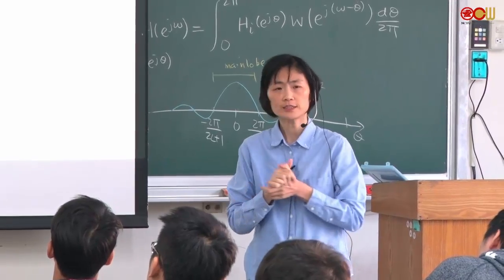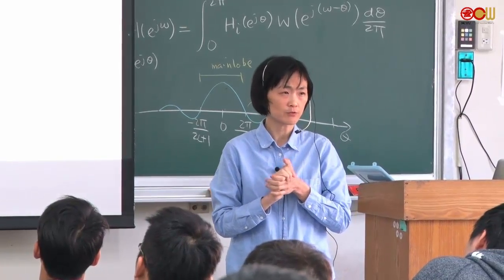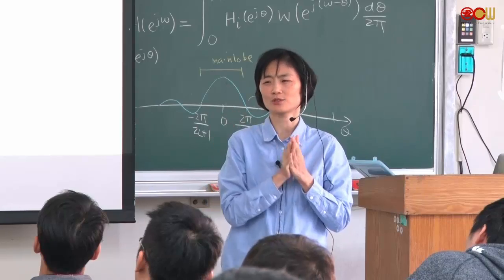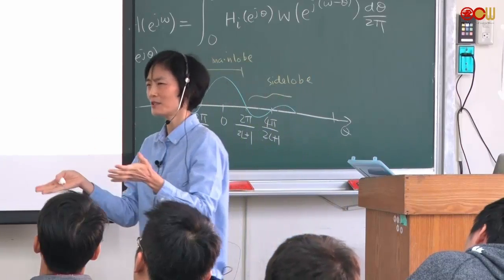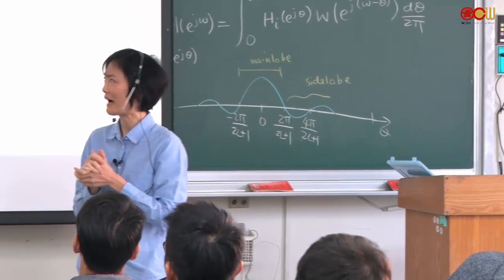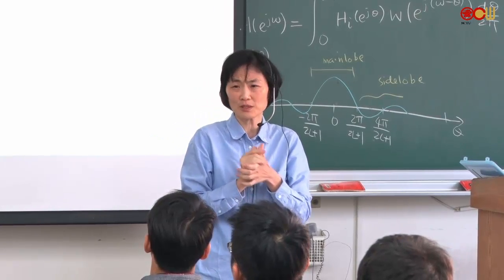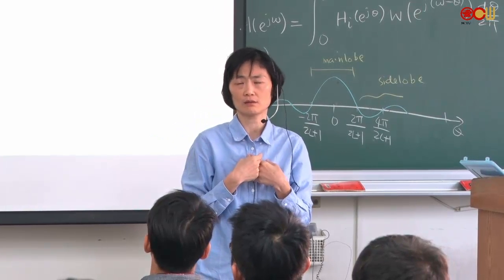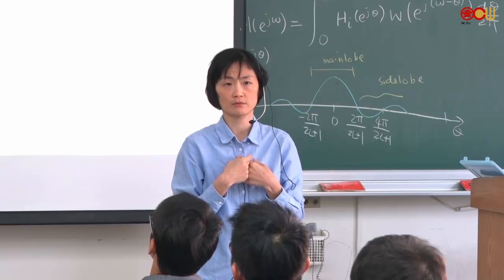But in filter design, what we are really looking for is a quick solution. I tell you the spec, then how can you design the window? How do we know which window fits what we are after?